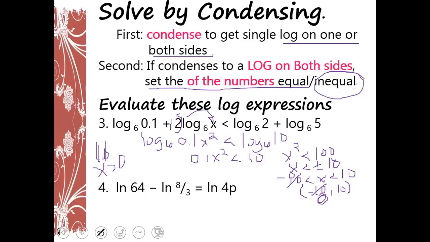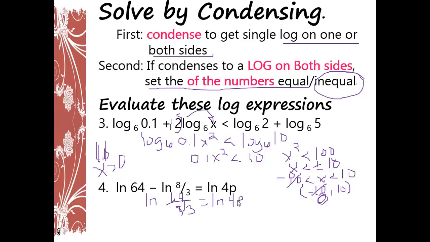All right, now ln, remember that's just natural log base e. So if I get down to a single log, I have to remember what base I'm in, but I'm going to condense first. And this looks complicated at first until you remember that whenever you divide by a number, particularly a fraction, it's the same as multiplying by its reciprocal.